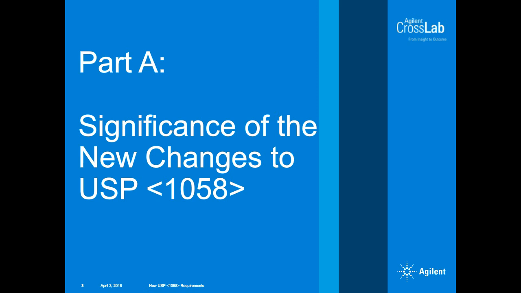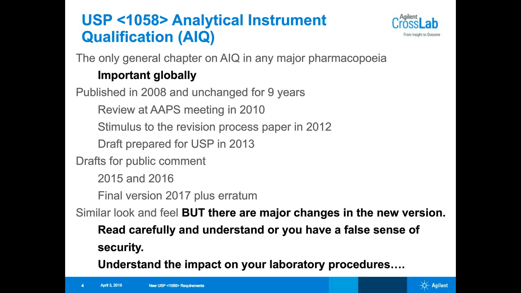But let's start from basics to begin with. Firstly, the United States Pharmacopoeia is the only pharmacopoeia that has a general chapter on analytical instrument qualification. So it is a very important general chapter from a global perspective.